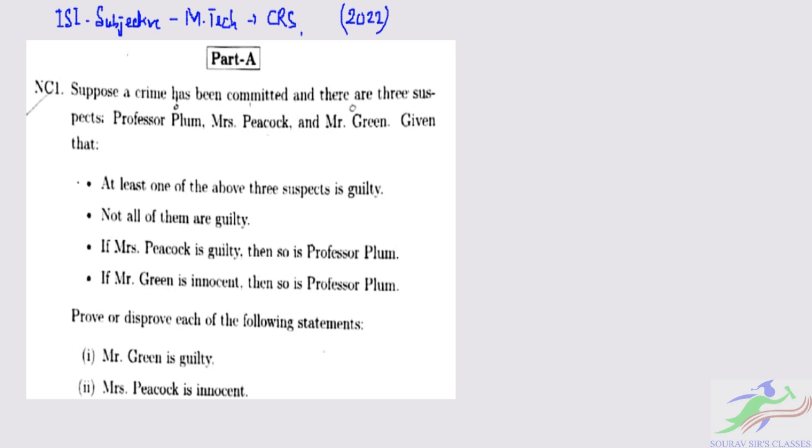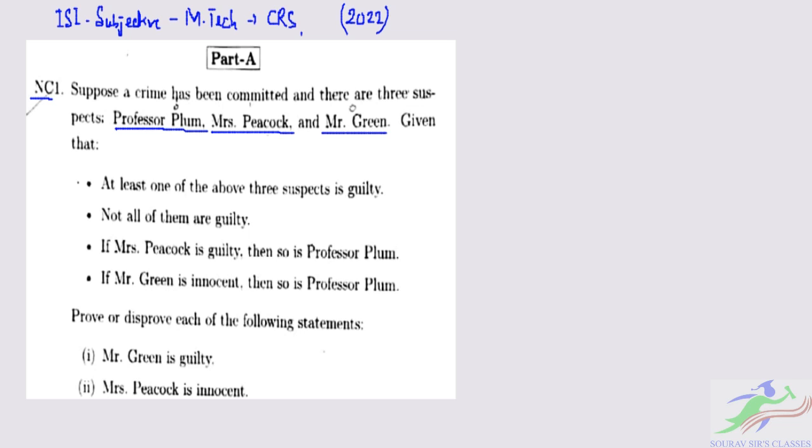So the question 1 is saying, this NC means the non-CS group actually. So the question NC1 is saying that suppose a crime has been committed and there have been three suspects. So one is Professor Plum, Mrs. Peacock and Mr. Green.